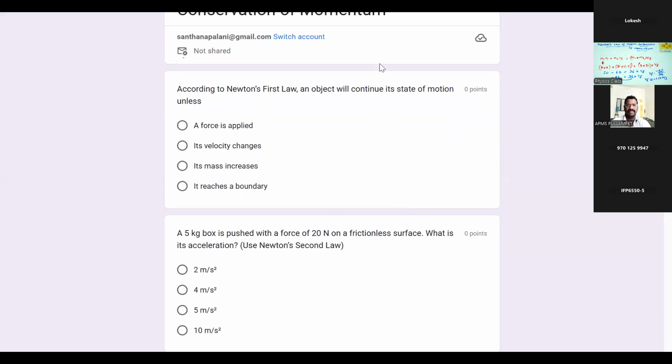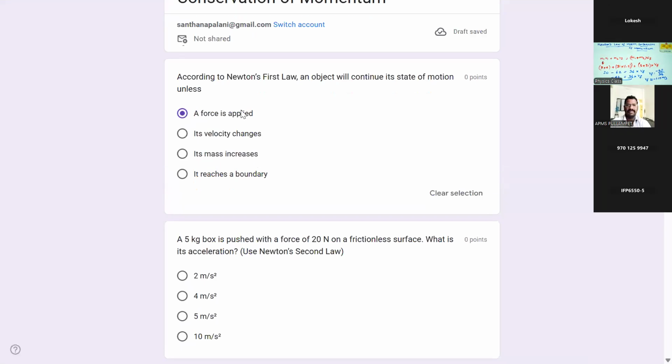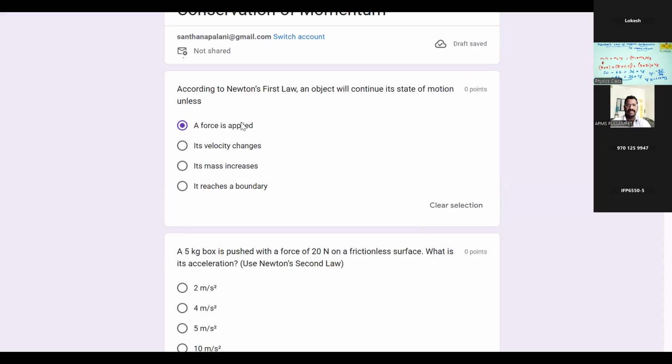Correct. According to Newton's first law, an object will continue in its state of motion unless a force is applied. Very good. Many responses, super.